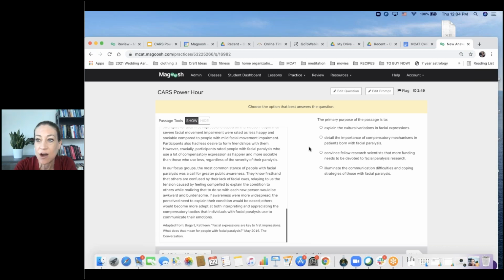CARS passages are either making arguments or presenting some kind of research finding, and usually also having a conversation with whether or not the author supports that, or what the author thinks of the findings or use of the findings. If I were to read this question, because I am familiar with CARS, and I had to take a guess, it would be a lot easier for me because I've read a number of CARS passages.